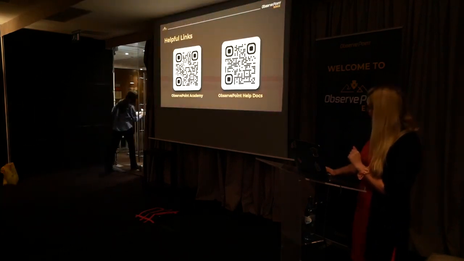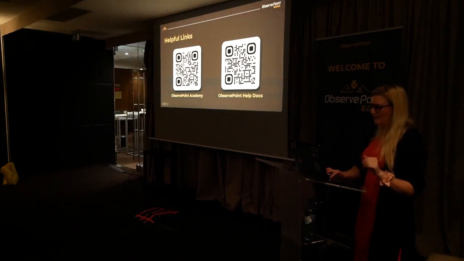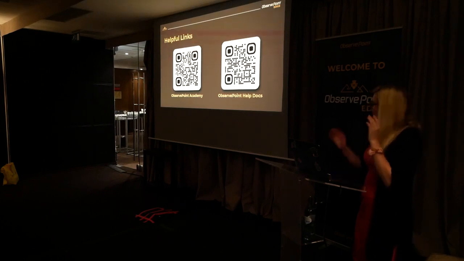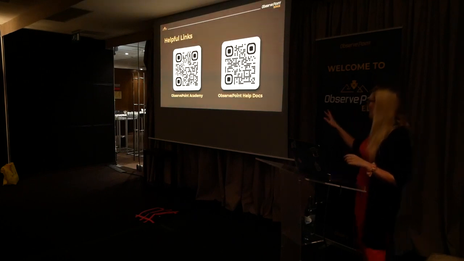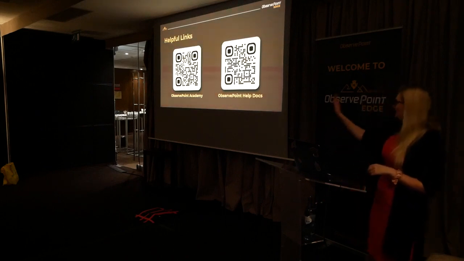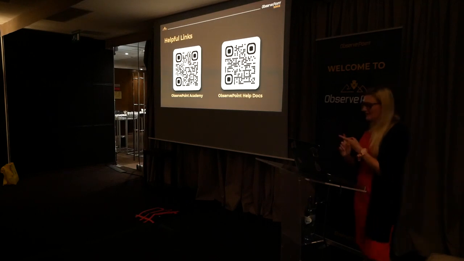So, let's see. That's it for journeys. Couple of things I want to share with you. We have a couple of helpful links. I've got the QR codes on here. Again, you will be able to get this pack, but if anyone wants to take a picture of the QR codes, two things. We've got the ObservePoint Academy. This is really, really great.